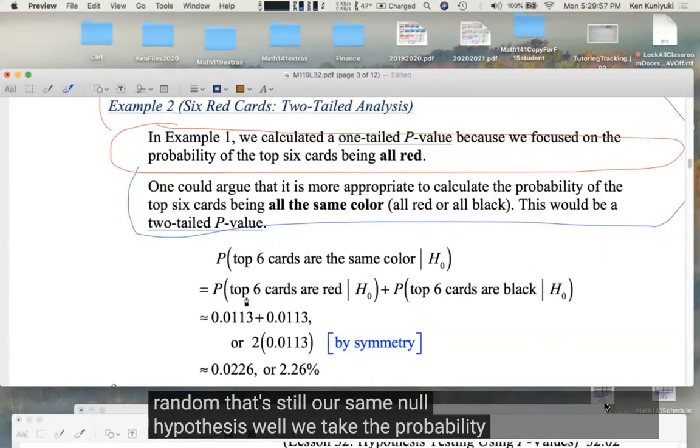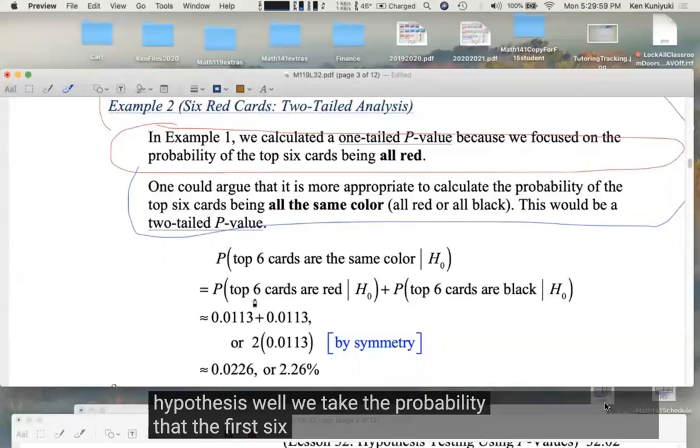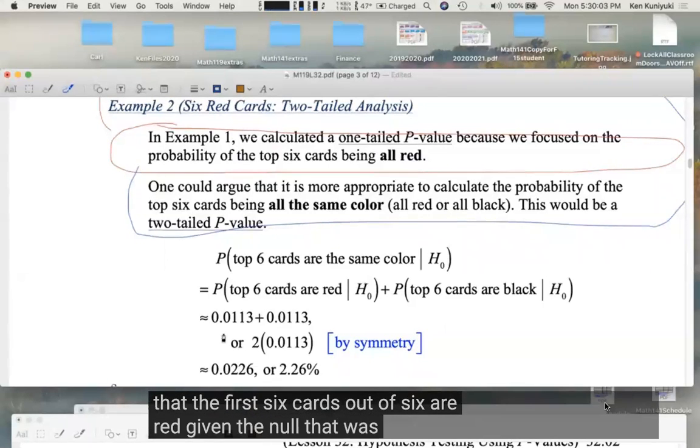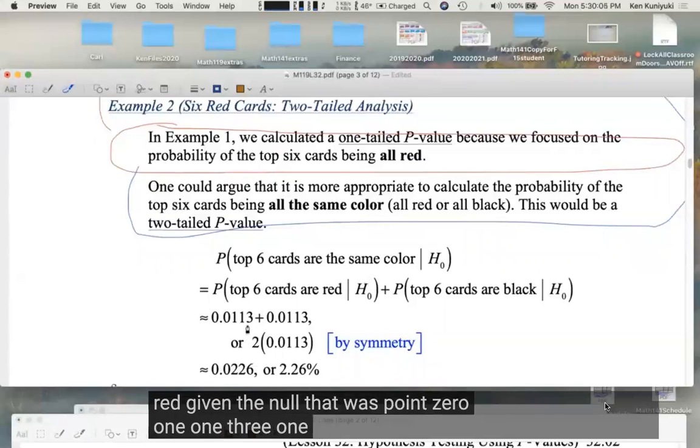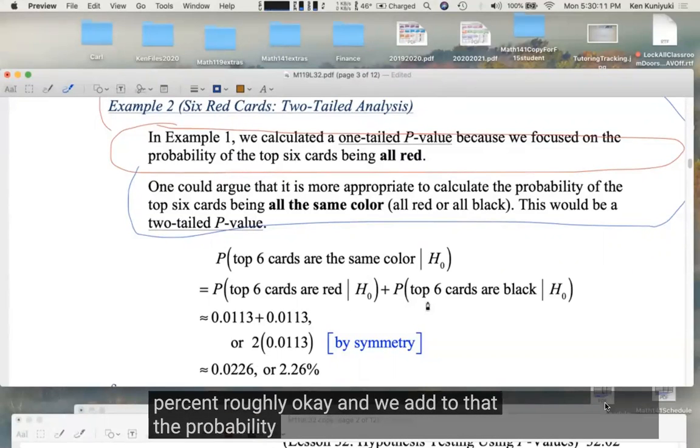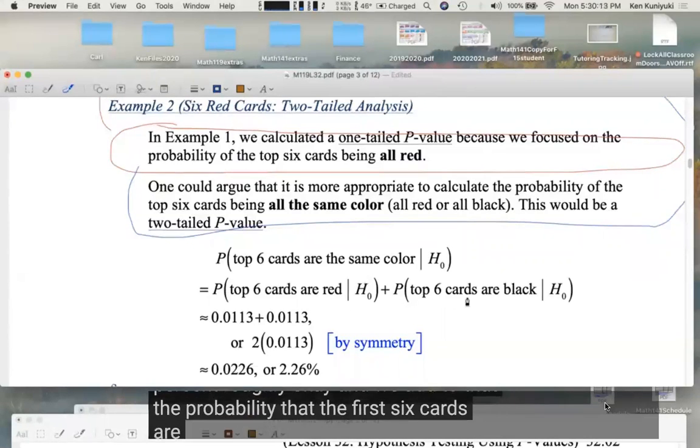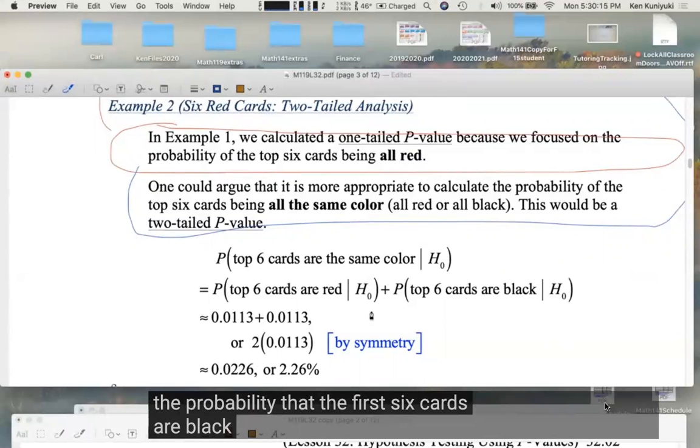Well, we take the probability that the first 6 cards out of 6 are red, given the null. That was 0.0113, 1.13%, roughly. And we add to that the probability that the first 6 cards are black. Because of the symmetry between the red cards and the black cards, it's the same probability.